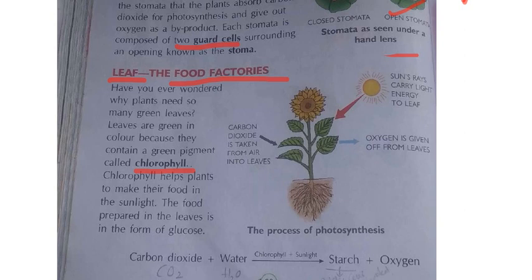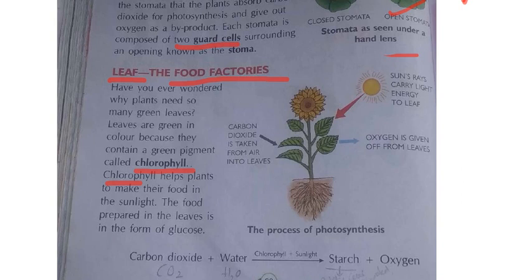Next, chlorophyll helps plants to make their food in the sunlight. What is the use of this chlorophyll? It is useful for making food for the plants with the help of sunlight. Whatever sunlight is falling from above, sunlight means what energy? Solar energy. So when the sunlight falls on the plants, who will take that sunlight?